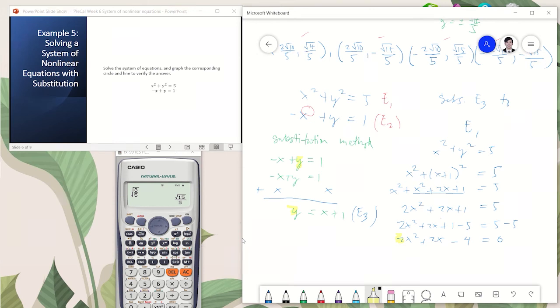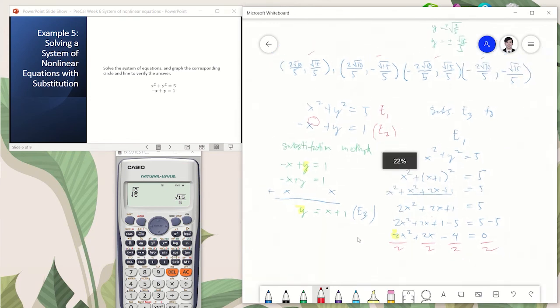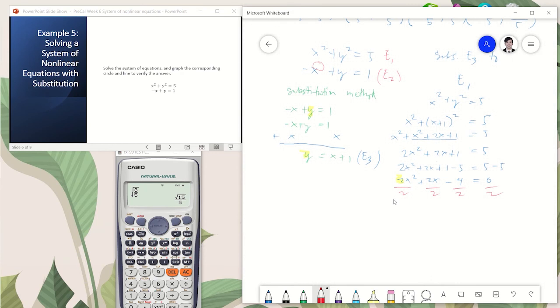So to make this a 1, we need to divide this with a 2. Whatever you do here, do in every term including the right side. So that will become x squared. This will be cancelled out as well. 4 divided by 2 is a 2. 0 divided by 2 is 0.